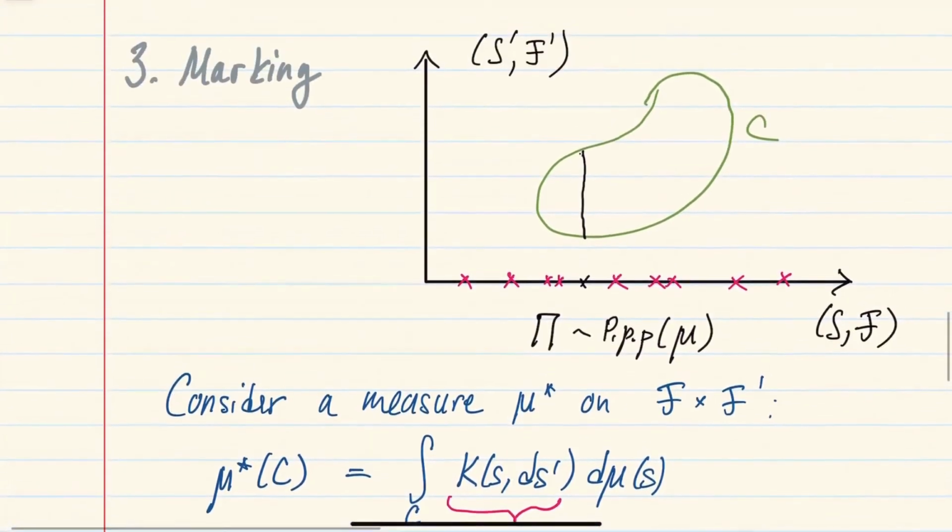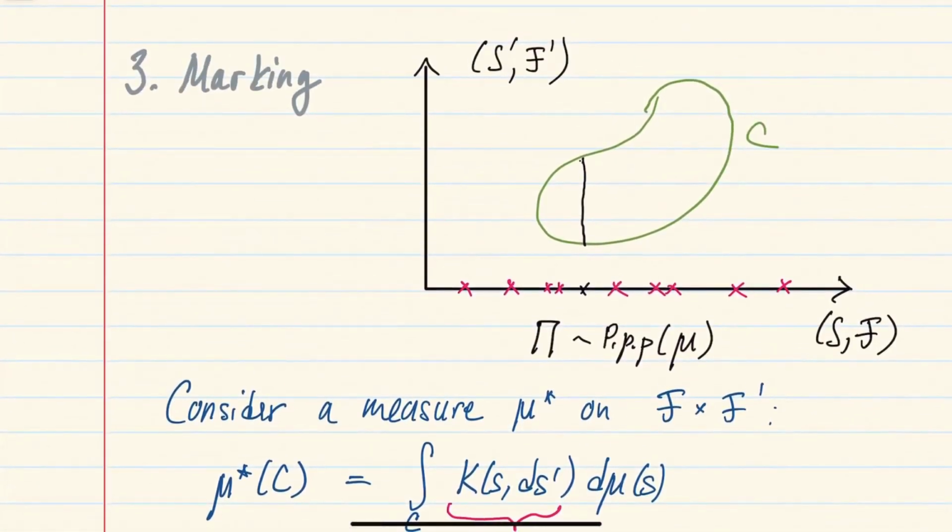If we go back to this picture, for every point S here in the Poisson point process on the first coordinate, we will consider this slice of the product space, and then we will pick a point here by taking the second coordinate M. Let's call it M of S. It will be the marking of this point S, a random variable from the distribution given by this transition kernel at S. So you have this probability measure on this slice, and simply you pick a point from this probability measure. This is called a marking of S.